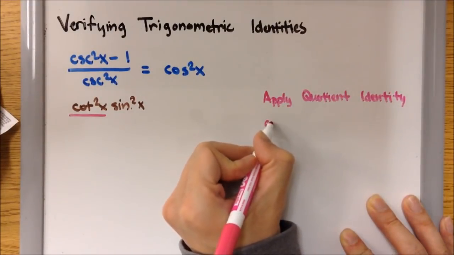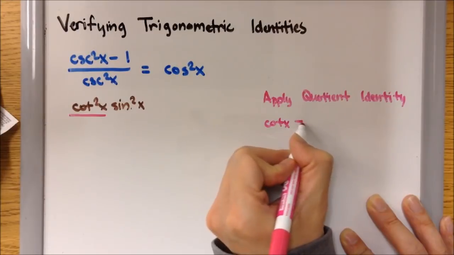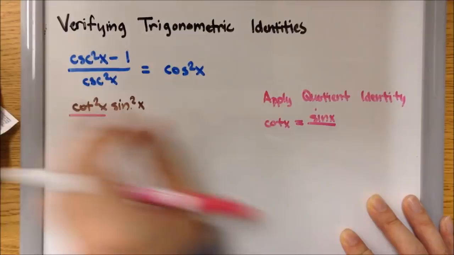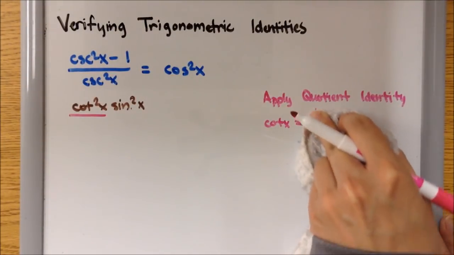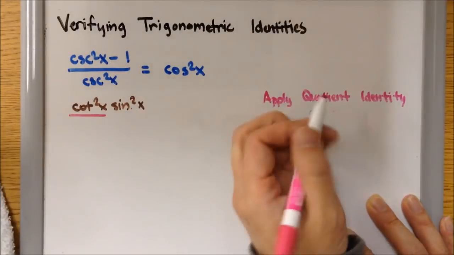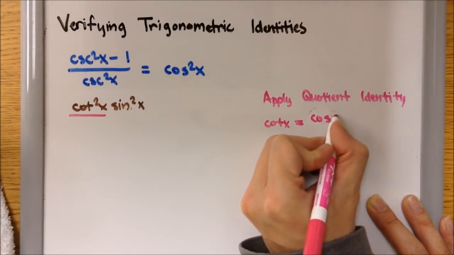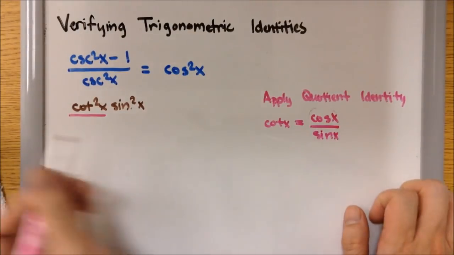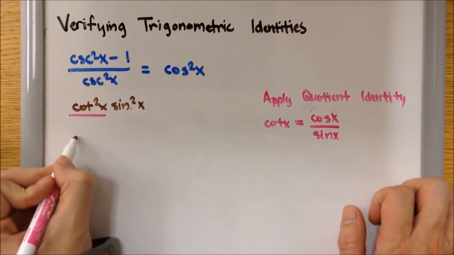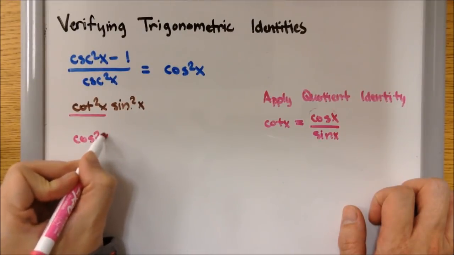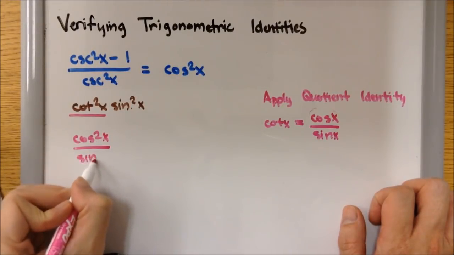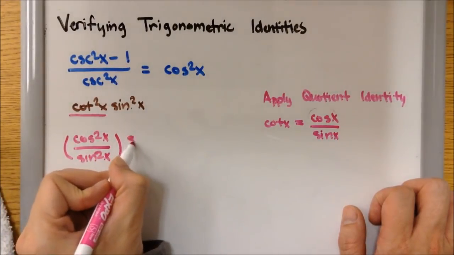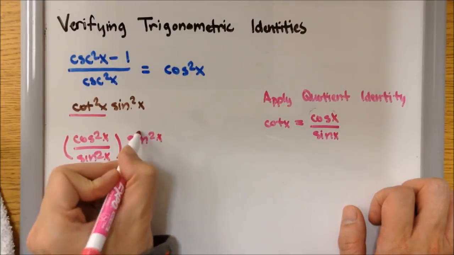So for cotangent x, it equals cosine x over sine x. Since we have cotangent square x, it will be cosine square x over sine square x times sine square x.